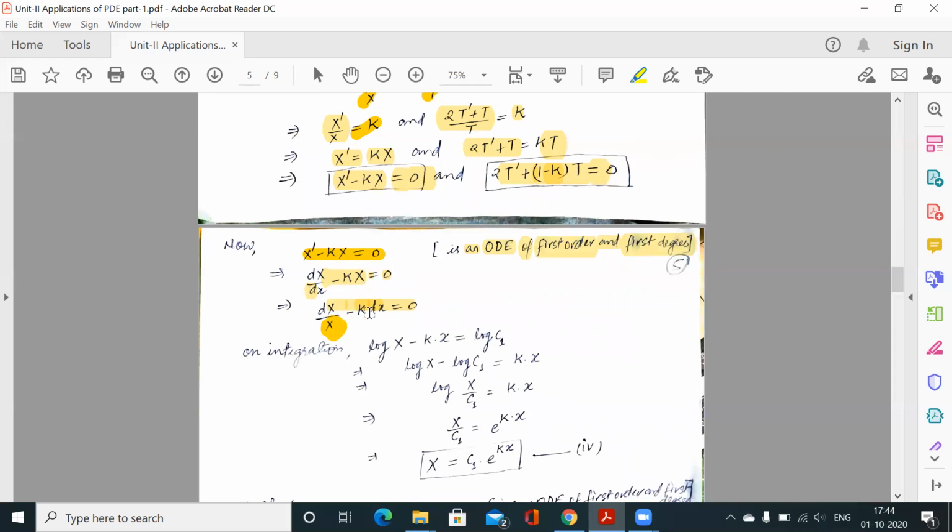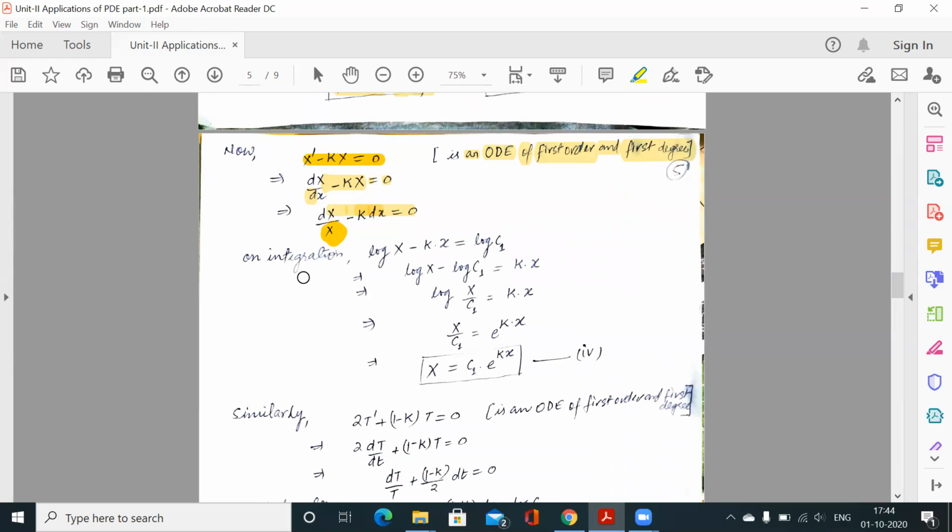Now on integration, integrating dX over X we get log X minus kx, where k is constant and the integration of dx is small x, is equal to an integrating constant, suppose log c1.